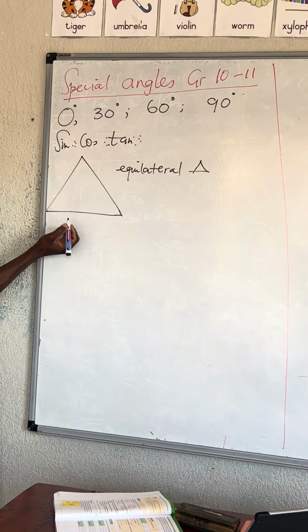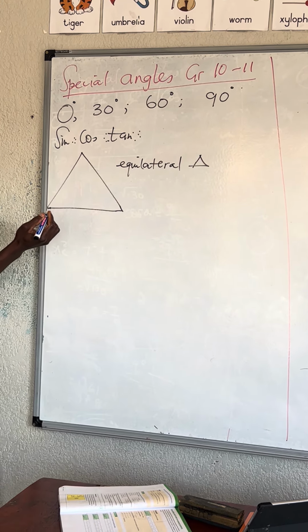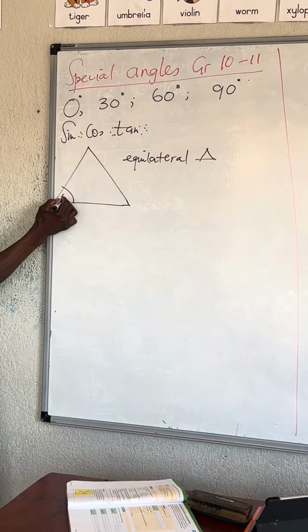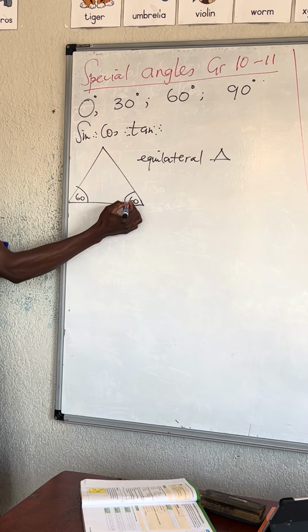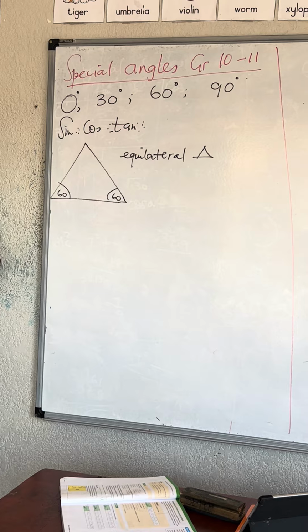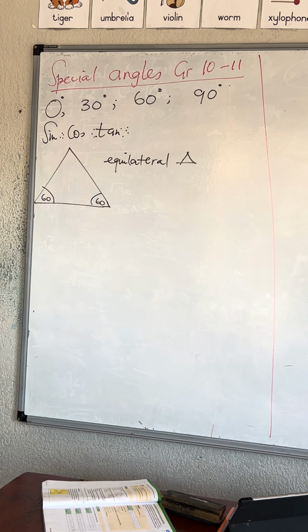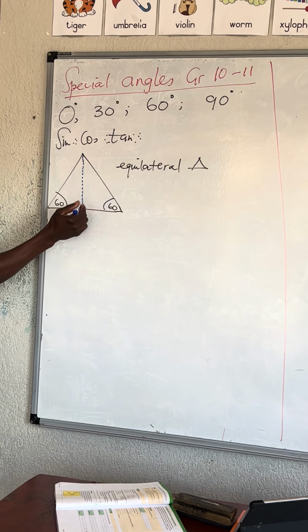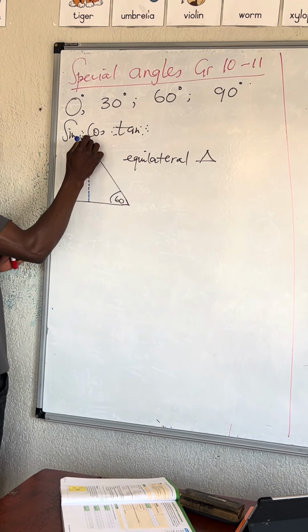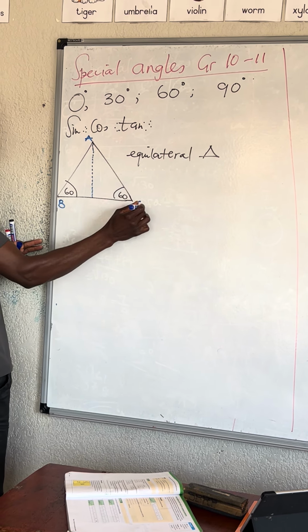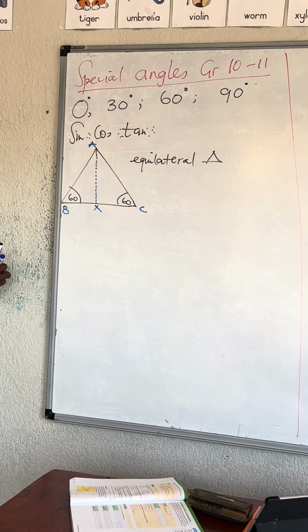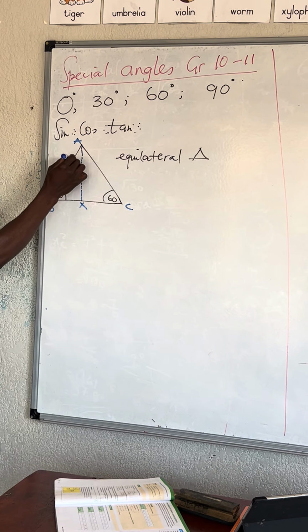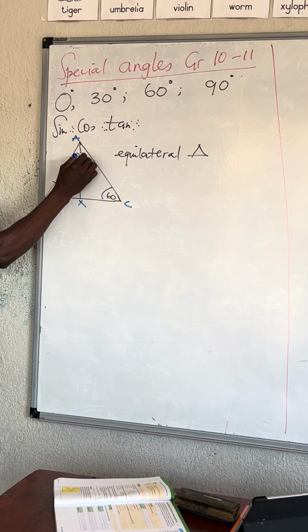The characteristics of an equilateral triangle are 60, 60, and on top here is also 60 degrees. So we divide this 60-degree angle. We bisect. This one is A, B, C. We bisect our angle A, so that it becomes 30 and then 30.